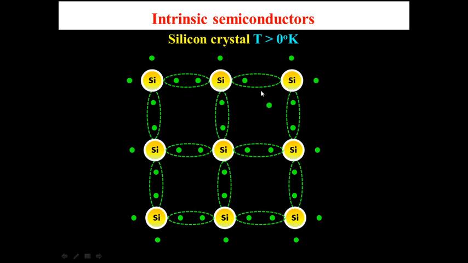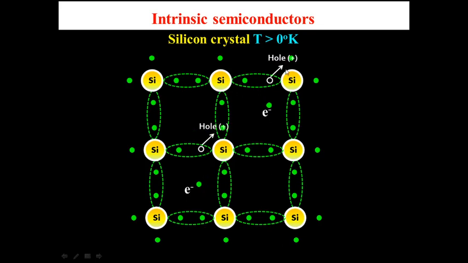Suppose this electron is releasing from this covalent bond, and suppose this electron is releasing from this covalent bond, and the absence of an electron is there at this position. So absence of an electron means that an empty vacancy is created here. That vacancy is called a hole.